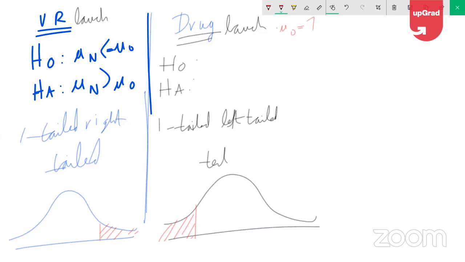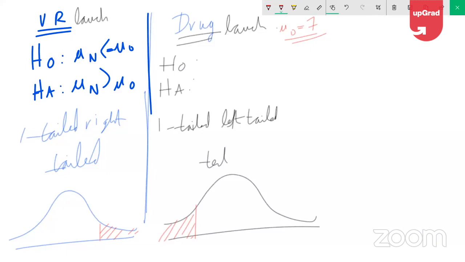That is a basic market survey that I would have conducted, and I found out that μ0 is 7 days. So 7 days is the average cure time of dengue for whatever drugs are available in the market today.